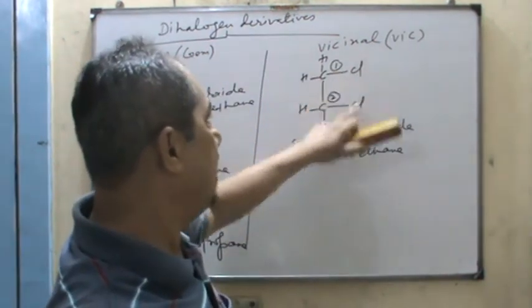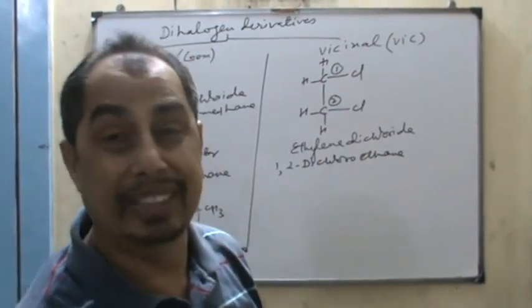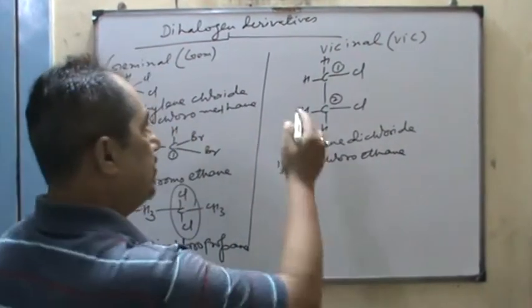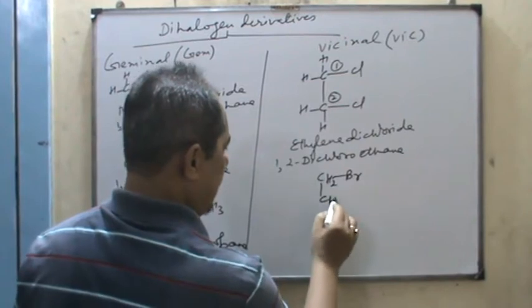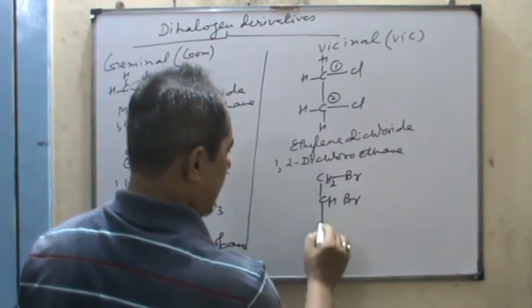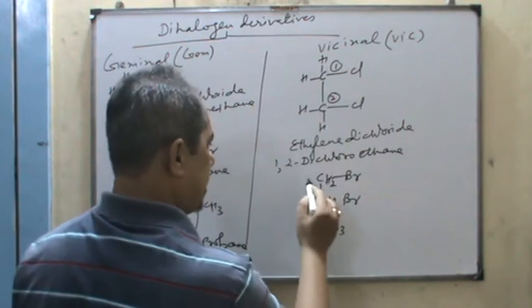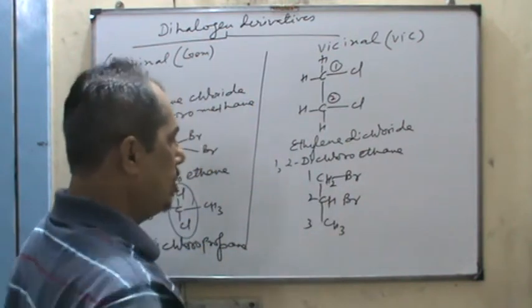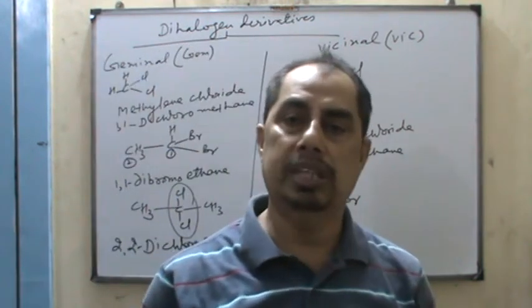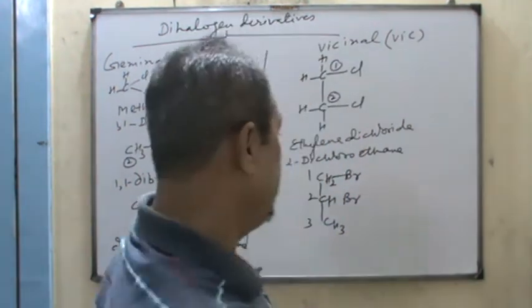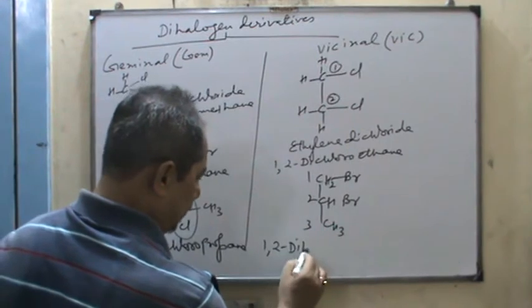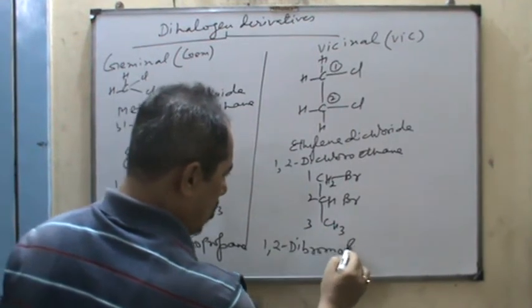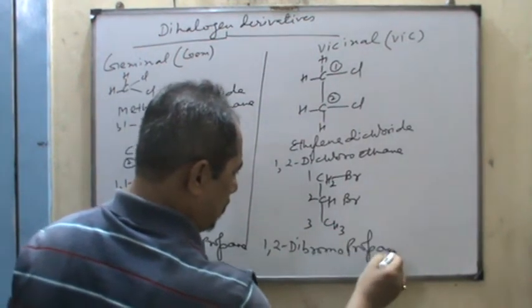Adjacent carbons containing similar halogens, it is vic or vicinal. Further I write here CH2Br, CHBr and CH3. Again it is vicinal. 1, 2 and 3. 1, 2 dibromopropane. So write the IUPAC name. 1, 2 dibromo. What is that? Propane.